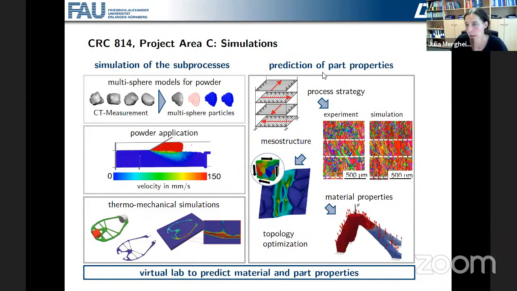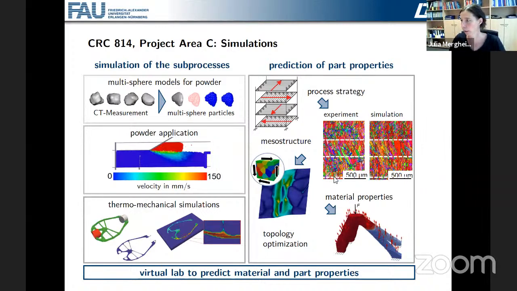And one objective is that we try to predict the properties of the additive manufactured parts, depending on the process strategy, with mesoscopic simulations, homogenization, and optimization. So we want to have a kind of virtual lab.